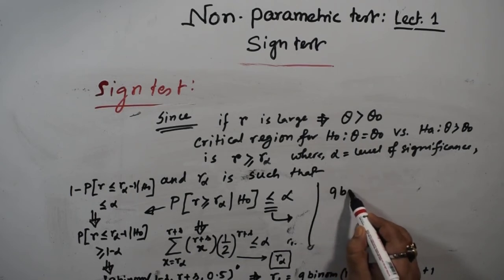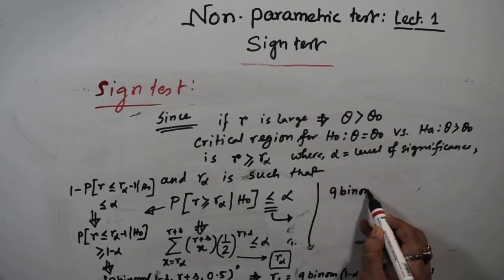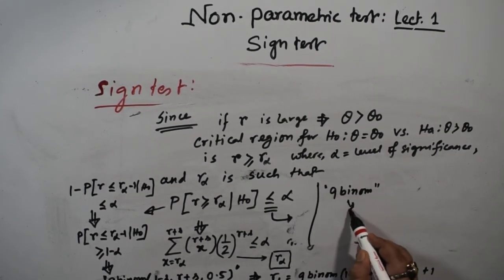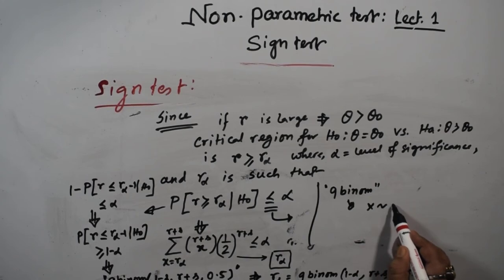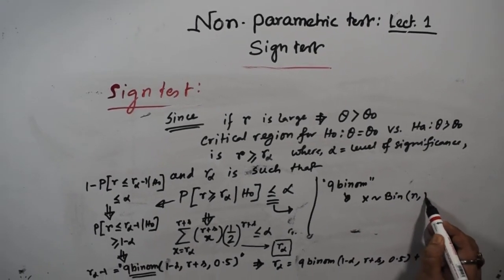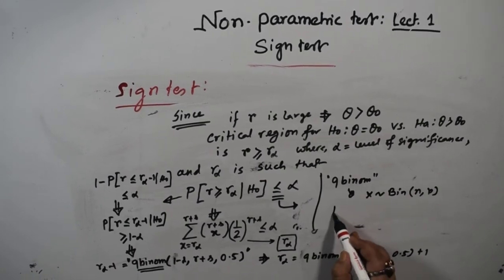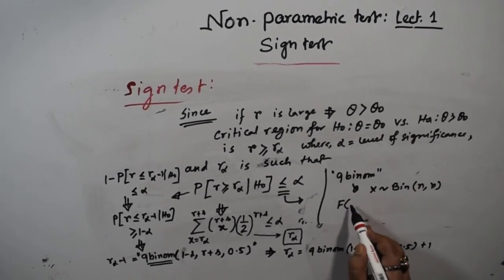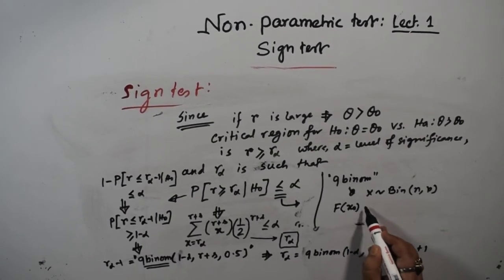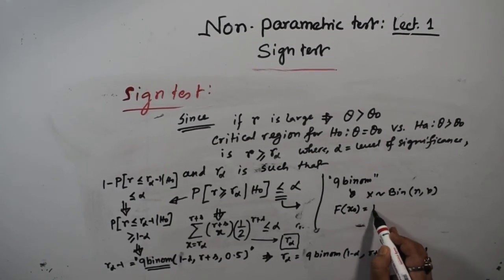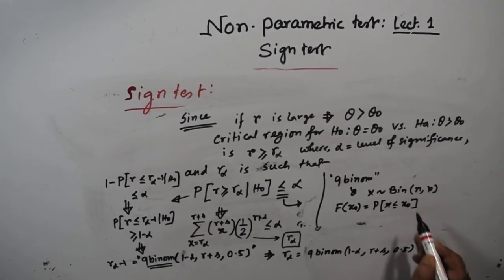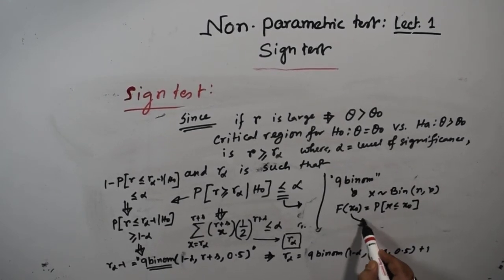Suppose X follows binomial (n, p), then F(x naught) equals the probability that capital X is less than or equal to small x naught. You want to find x naught.